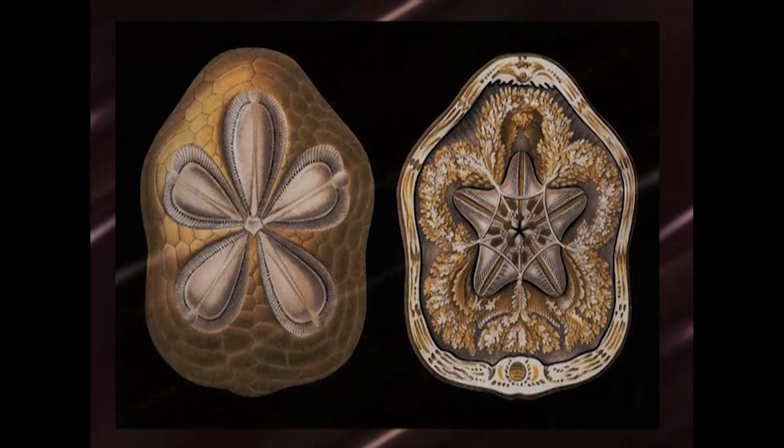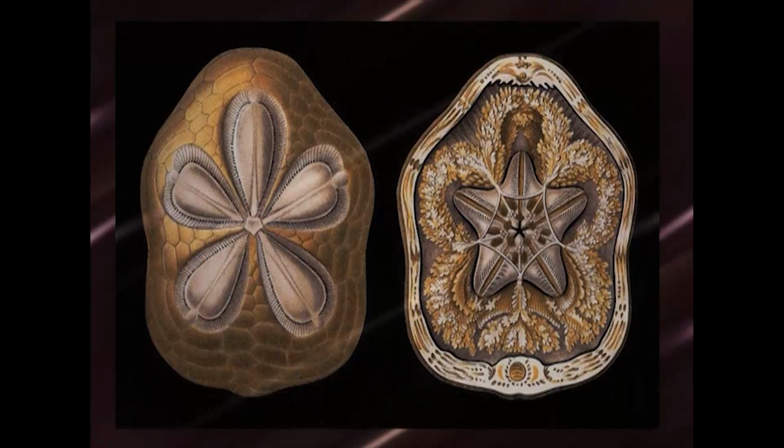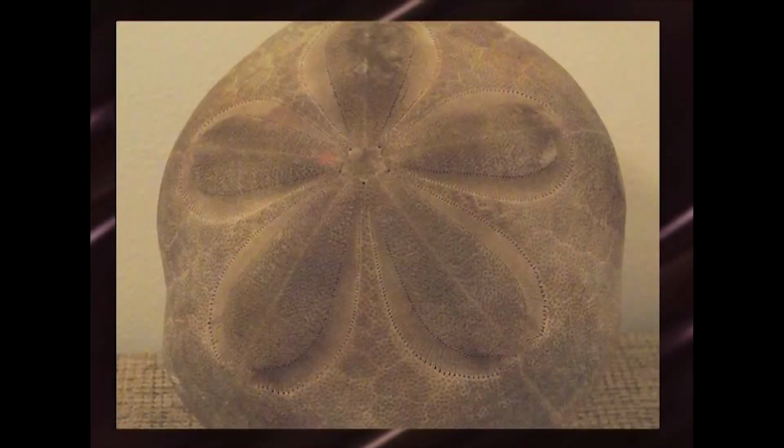The corona in a typical echinoid consists of 20 columns of plates, each column extending from the apical disc to the peristome. The plates are of two kinds, ambulacral and interambulacral. There are 5 double columns of the ambulacral plates separated by 5 double columns of the interambulacrals.